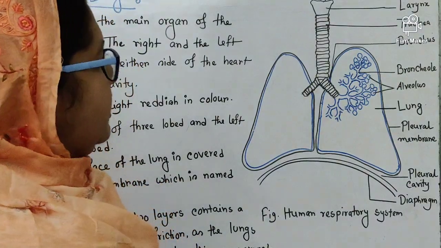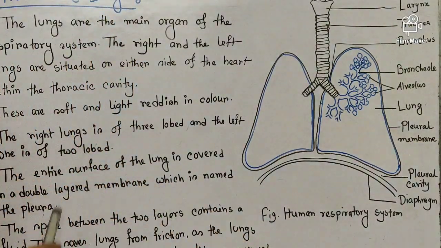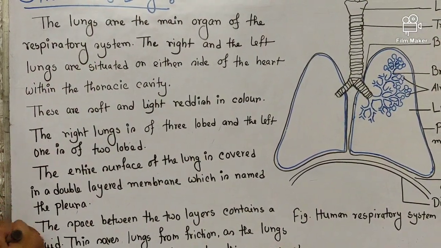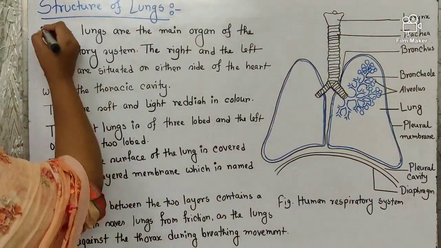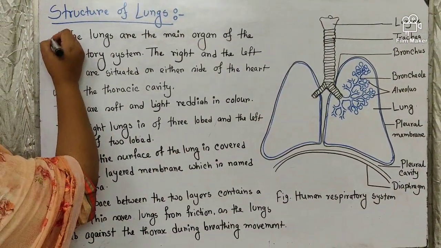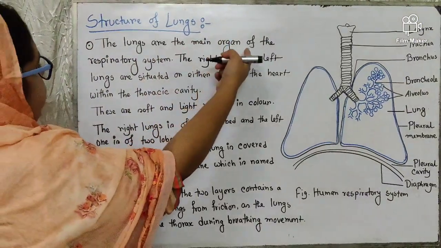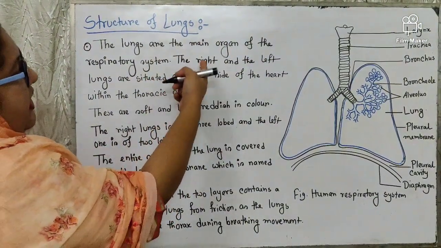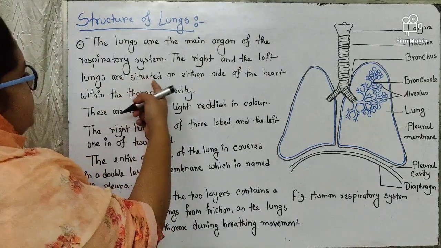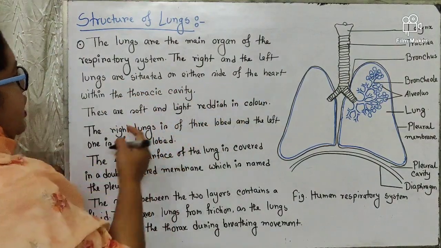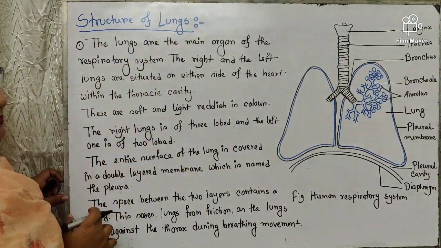Okay. Now our main topic is the structure of lungs. First of all, the lungs are the main organ of the respiratory system. The right and the left lungs are situated on either side of the heart within the thoracic cavity.